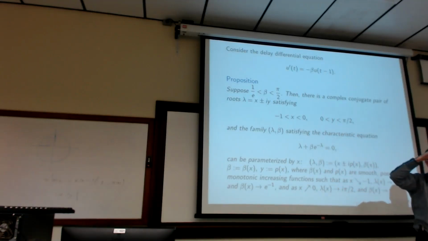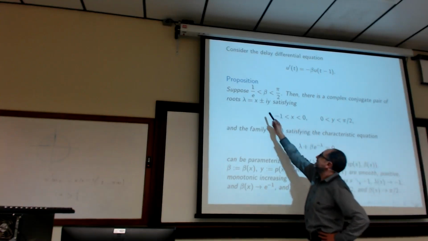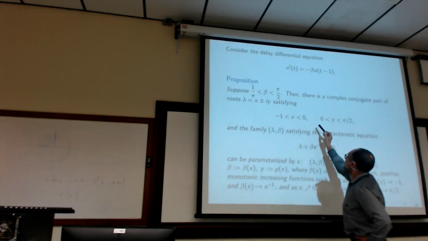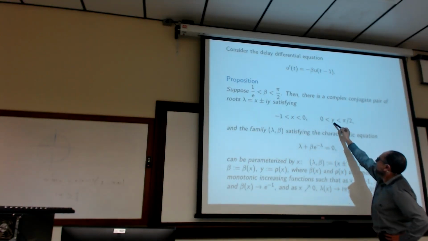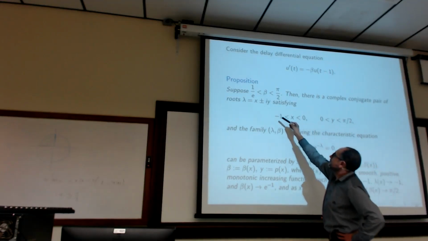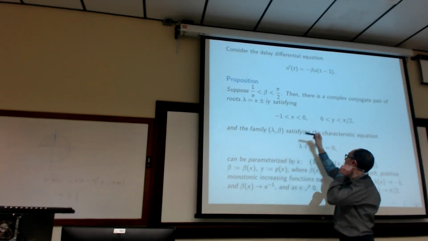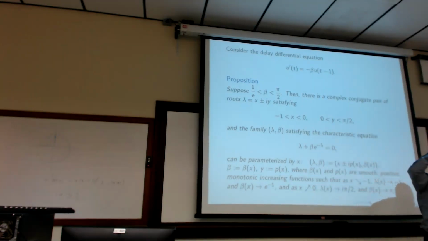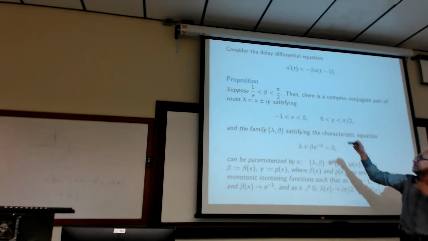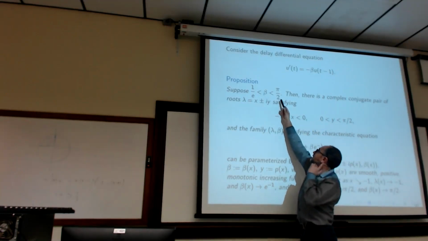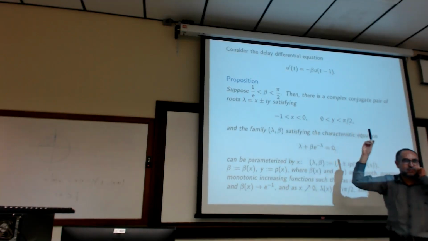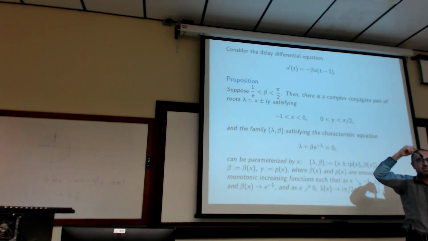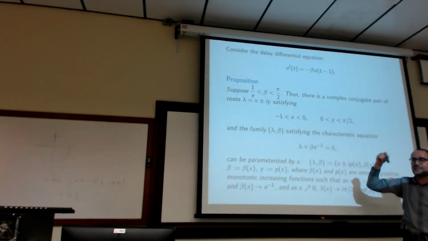That means there is no oscillations when we are here. And when you increase beta, the amplitude of oscillations goes from 0 until pi over 2 and becomes periodic. Because when beta reaches here, y comes to here, and the oscillations become periodic.